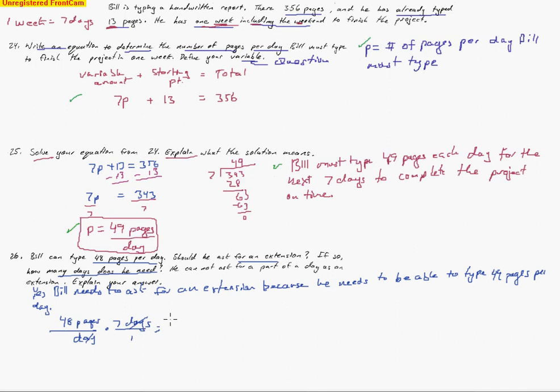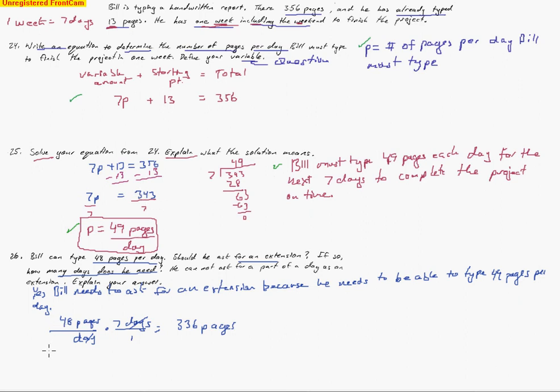When I multiply those two numbers, I get 336 pages. That's how many pages he can do. Well, he needs to be able to type 343 pages because he's already completed 13 of the pages, so he only has 343 to go.